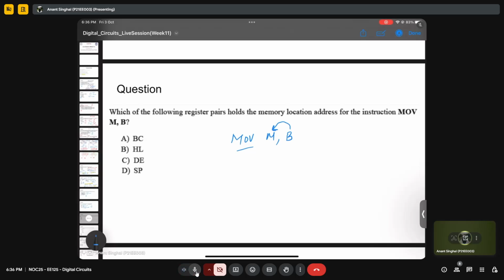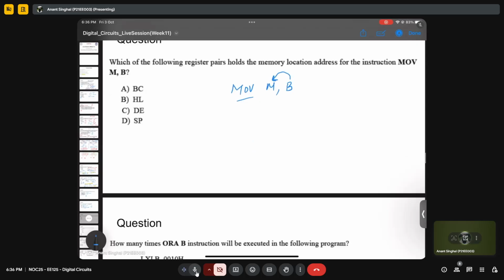Okay, let me try to explain what exactly this instruction means. As I said, it moves the contents of B to the memory location M. If you've seen the lectures, this memory location is nothing but the HL register pair. Let me give you an example.